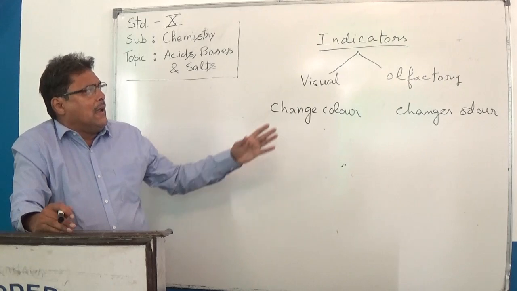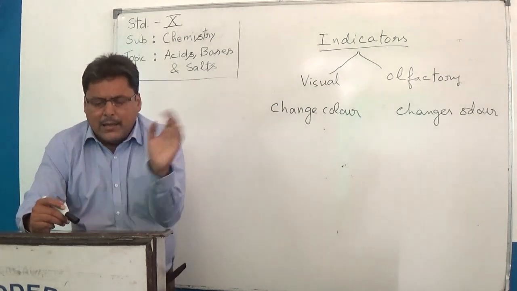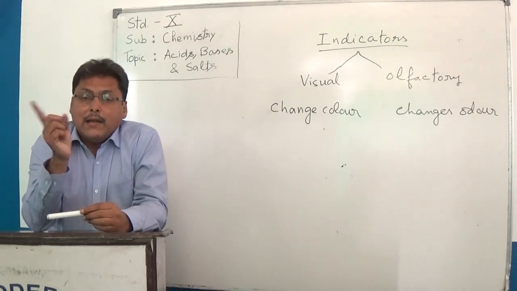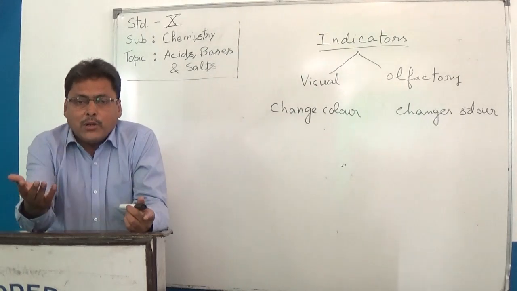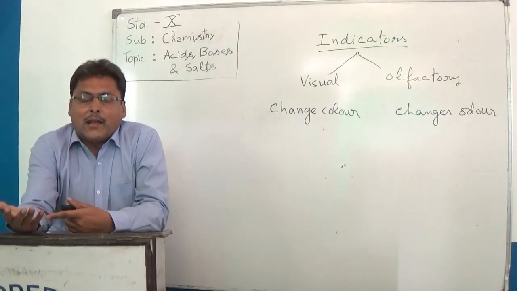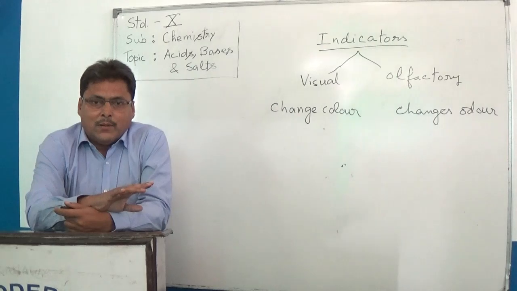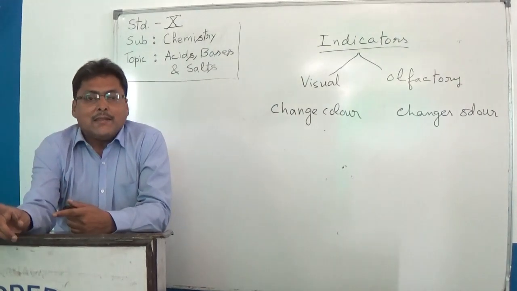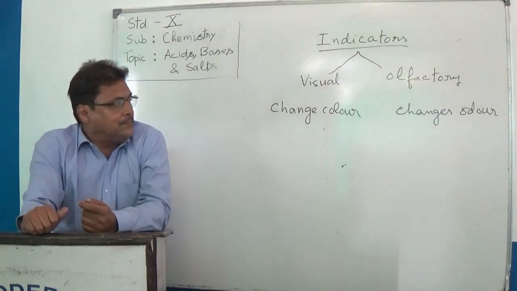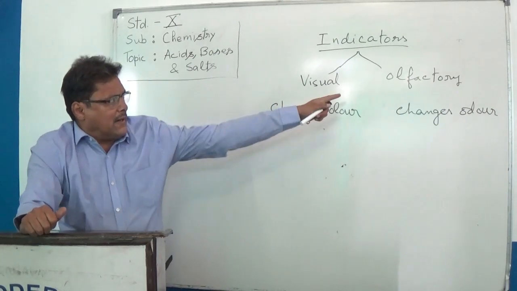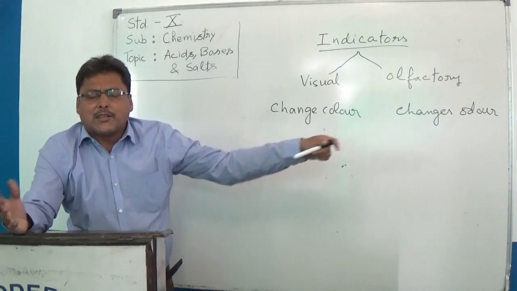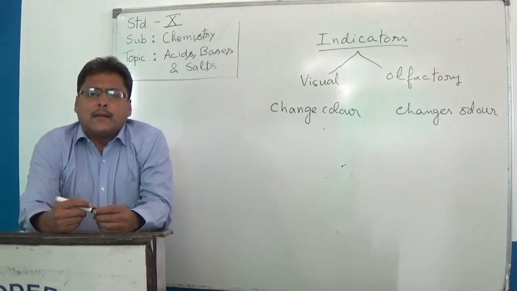When we say indicator, what is an indicator? An indicator is something that points out, by visually changing color or changing the odor, whether a certain substance is acid or base. Say olfactory natural indicator: onion.